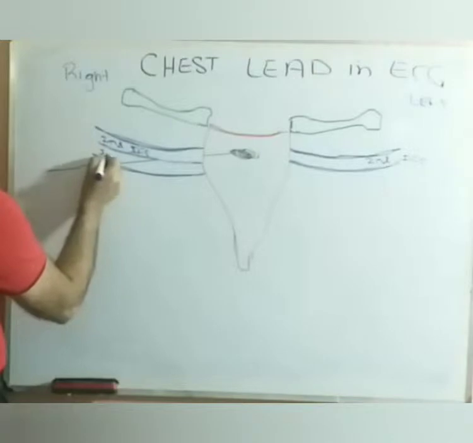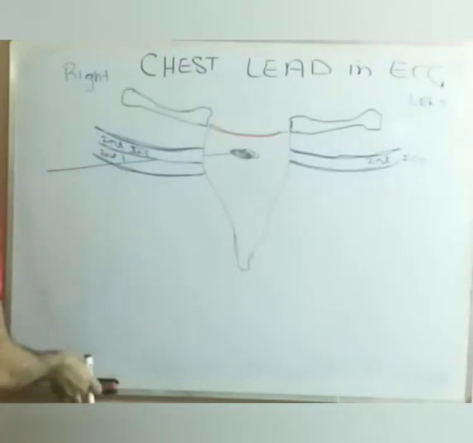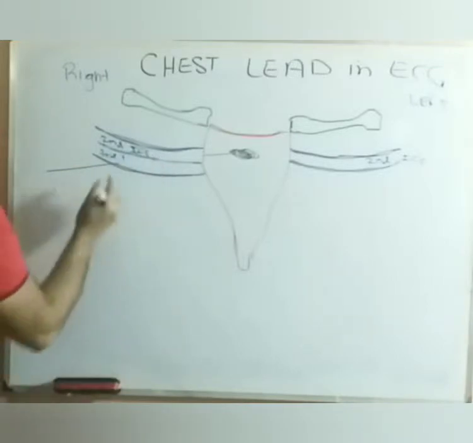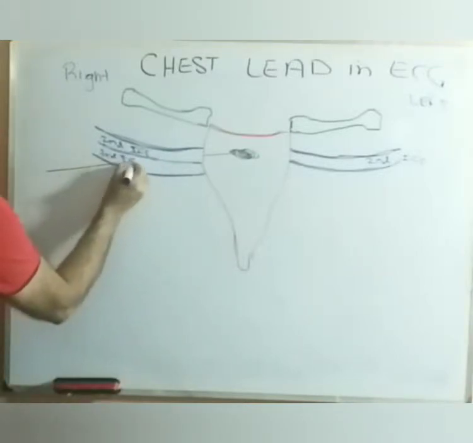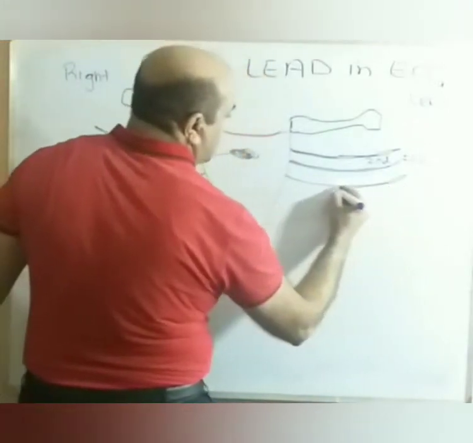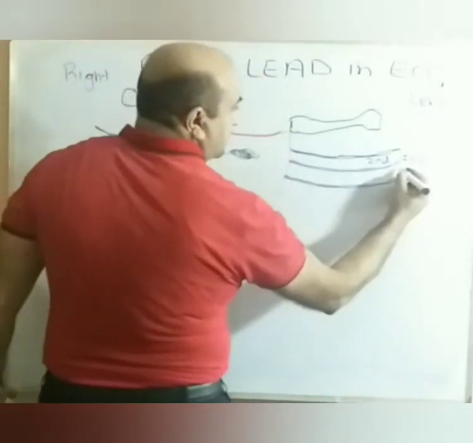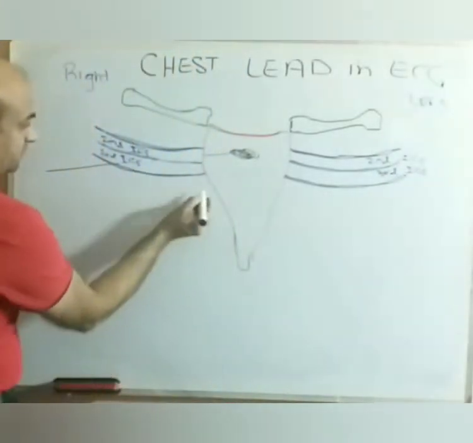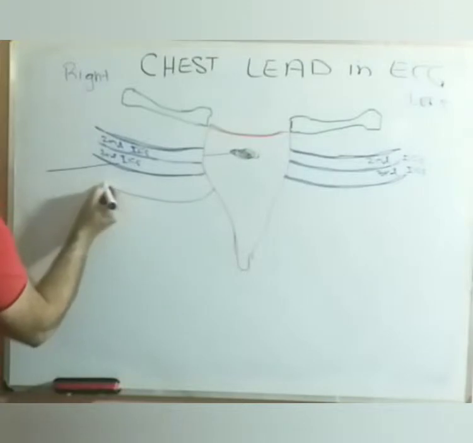Third intercostal space is on both sides of the sternum. Then comes the fourth intercostal space.